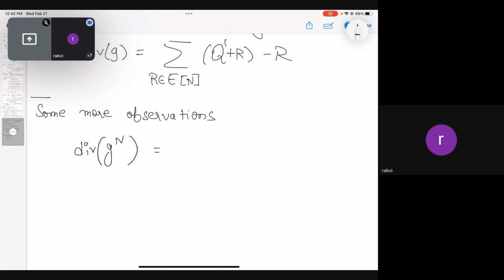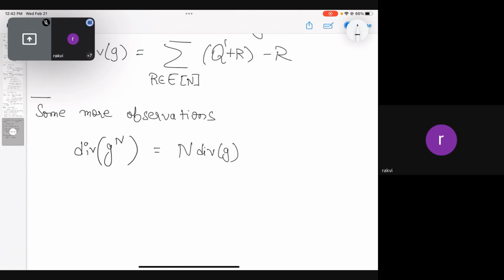So the divisor of a product is the sum of divisors. When I take the product n number of times, I'll be adding the divisor n number of times. And this still works if the zeros or poles have multiplicity, because multiplicities also add up.